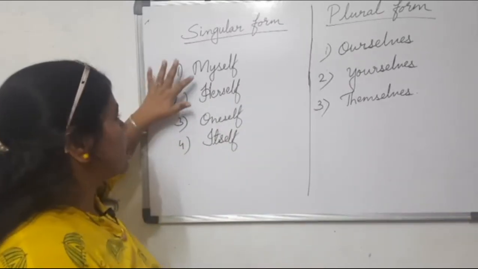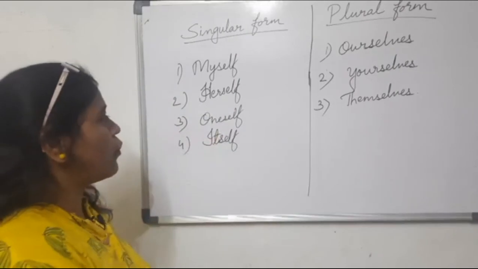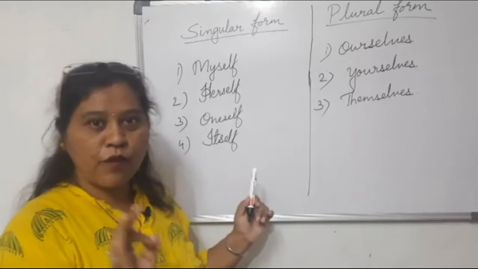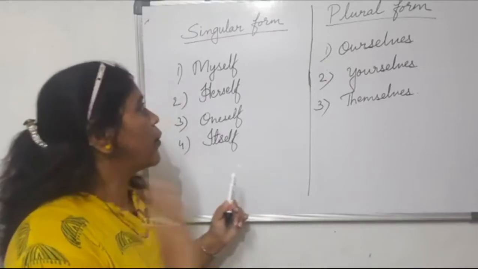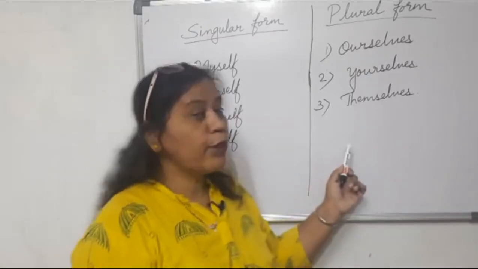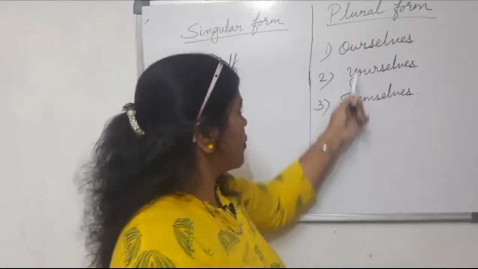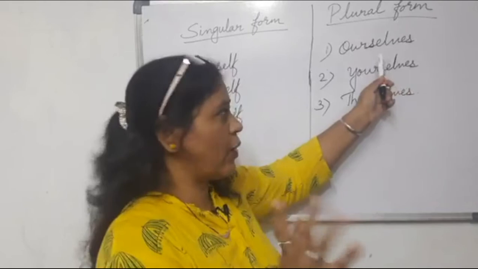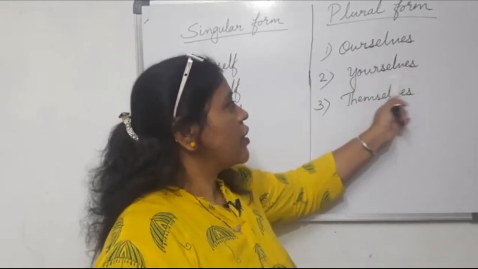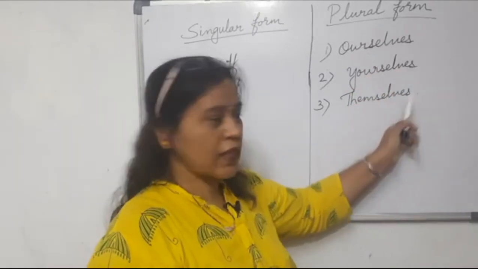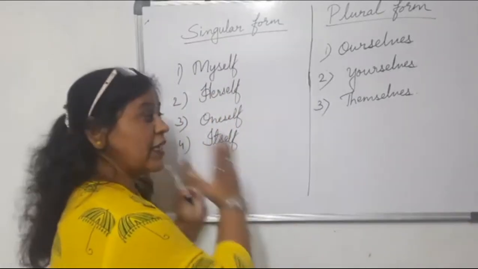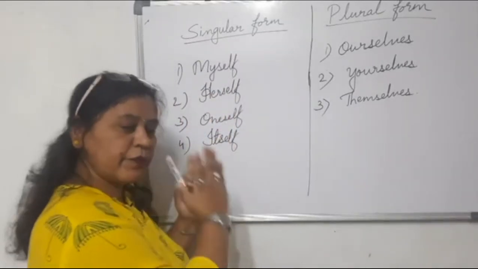Myself, herself, oneself and itself are the singular forms. Now the plural forms, S-E-L-V-E-S, more than one: ourselves, yourselves and themselves. Go through this table, learn it by heart and keep it in your mind.